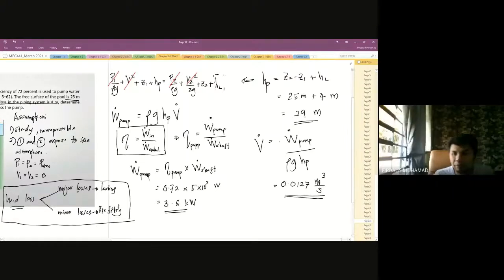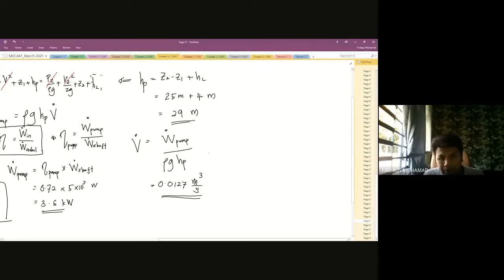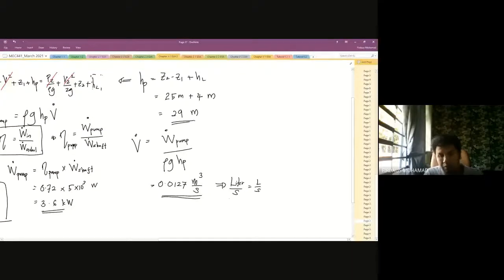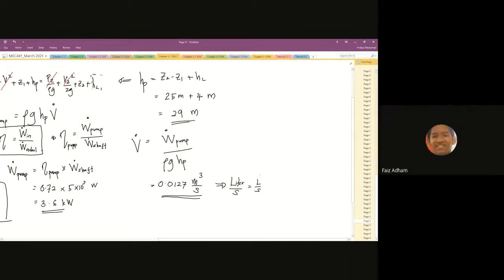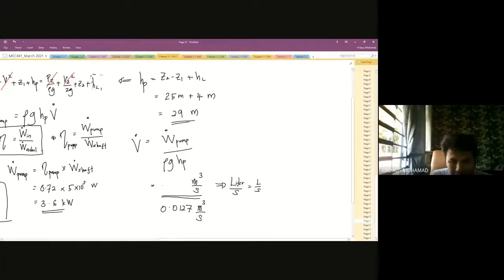Biasanya kalau you beli pump, dia tak bagi dalam meter cube per second, dia bagi dalam liter per second. Macam mana nak tukar? Convert. 0.0127 meter cube per second.